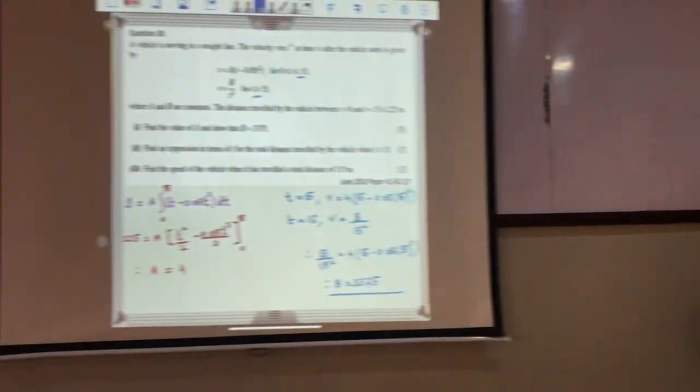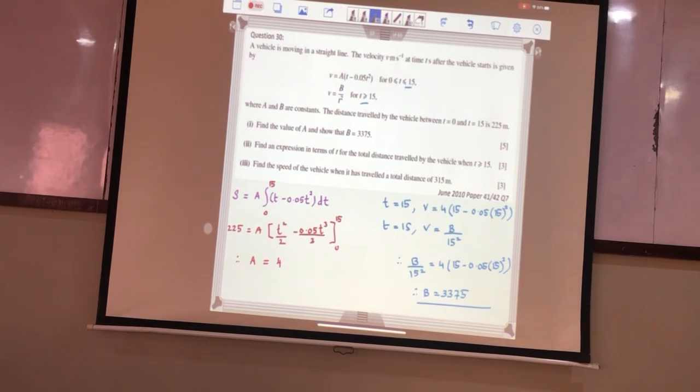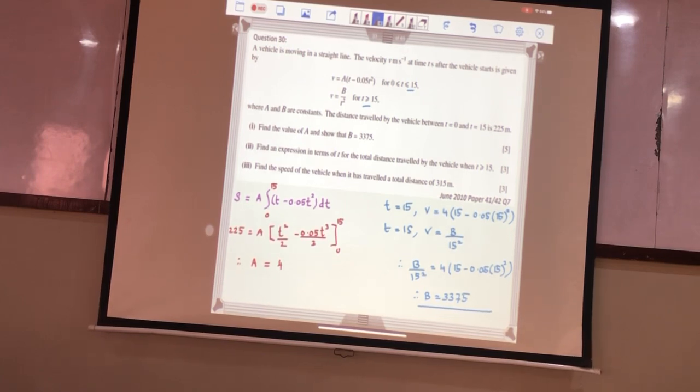Have a look at the board. Therefore, the value of B comes out to be 3375. So that's how you evaluate A using the concept of integration between the limits.